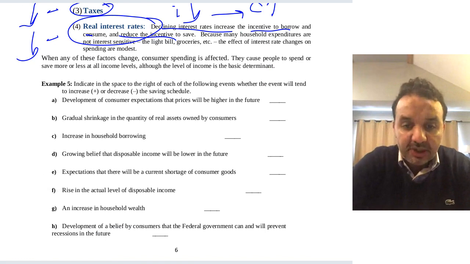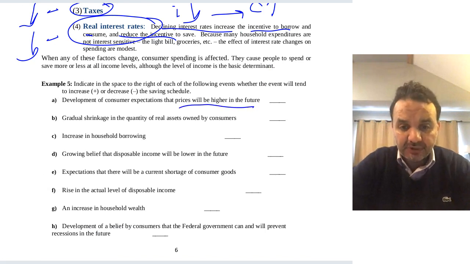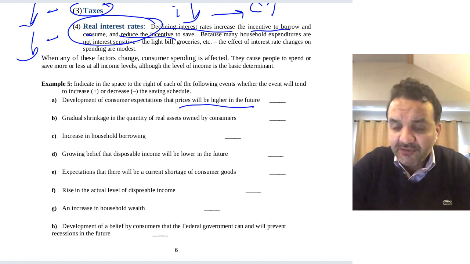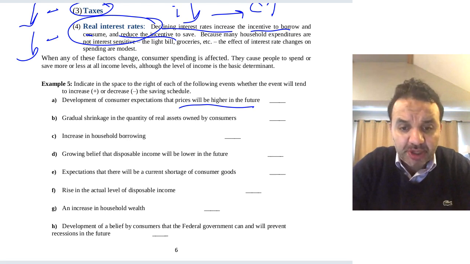Okay, let's do this quick exercise. Development of consumer expectation that prices will be higher in the future. If you are expecting that prices will be higher in the future, how will this affect your saving?